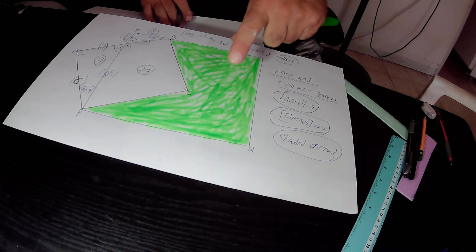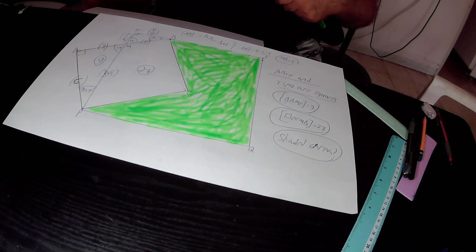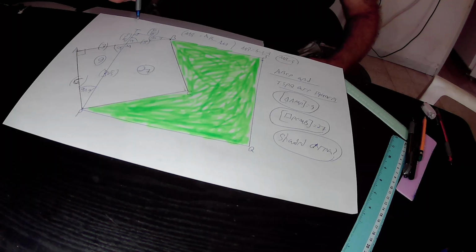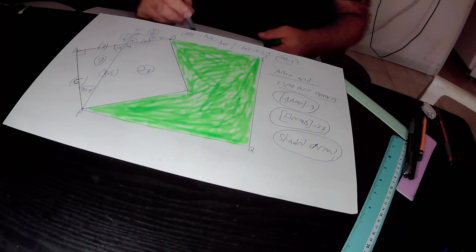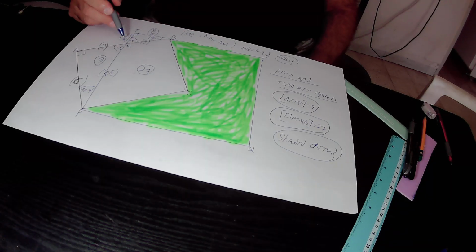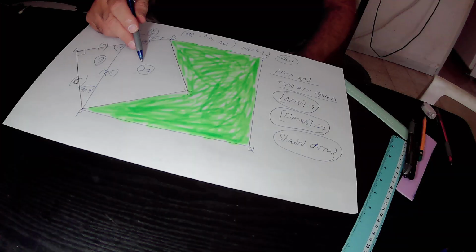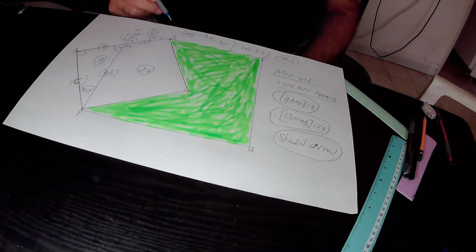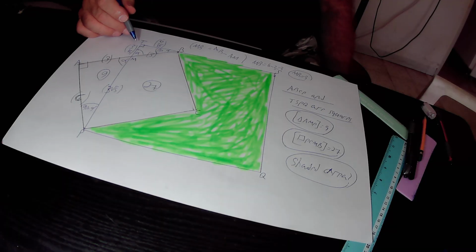We found that the area of this green shape, the area we are looking for in this question, equals the area of the big square TSQP minus the area of this quadrilateral MBPC, equal to 27 square units, minus the area of this small right triangle TBM.